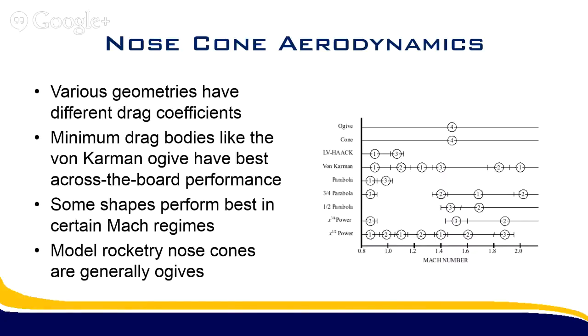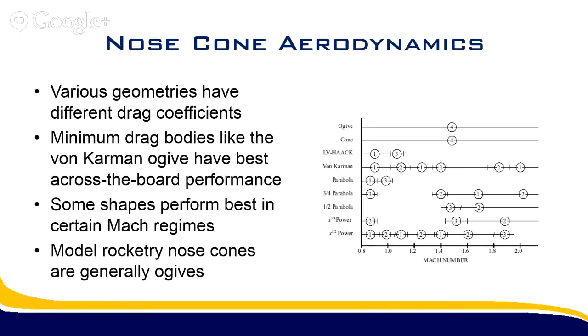There's a bunch of different nose cone shapes, as you can see from that graphic on the right-hand side. Most of the nose cones that we use in rocketry are ogives. That's basically a section of a circle cut at an interesting angle. But if you're interested in what an ogive actually is, you can read about those online.